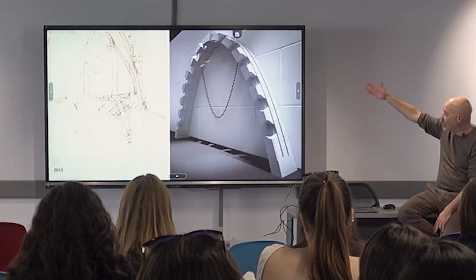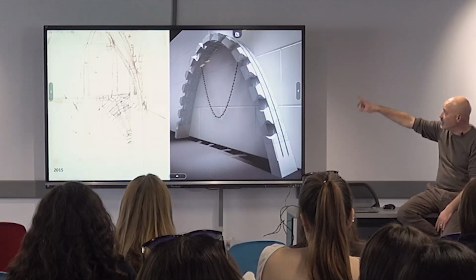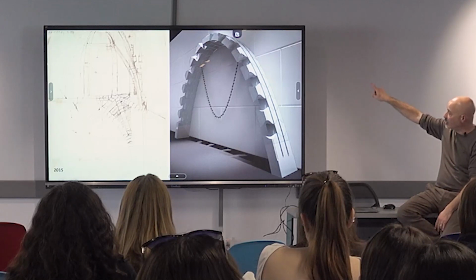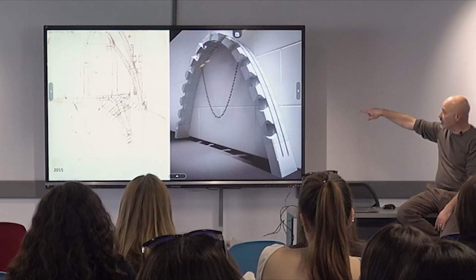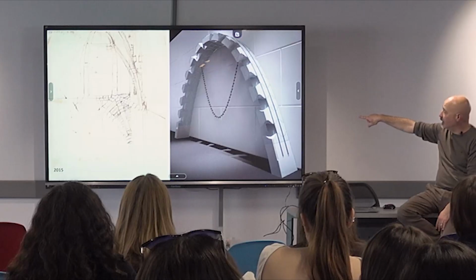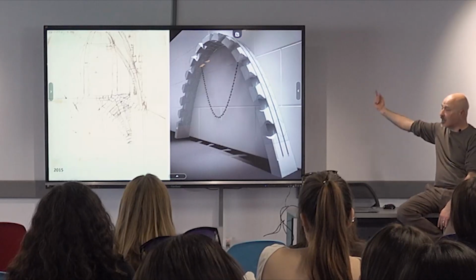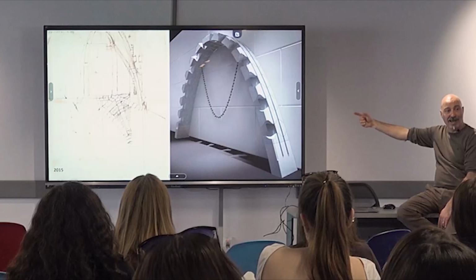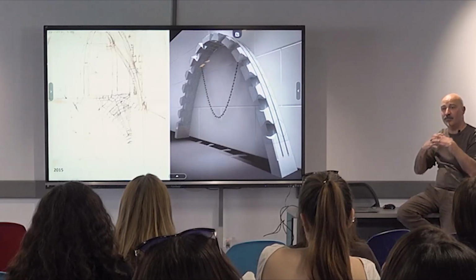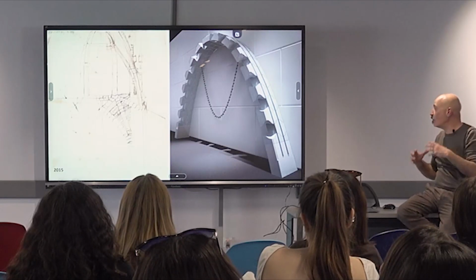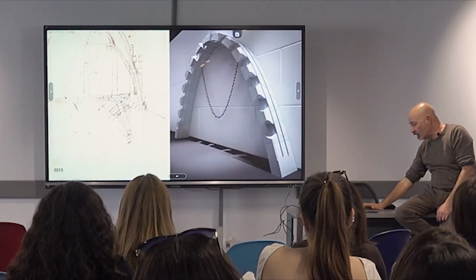So we realized a vaulted space using a catenary shape with osteomorphic blocks with post-tensioning in the exterior part, and in that way the system was very, very strong.